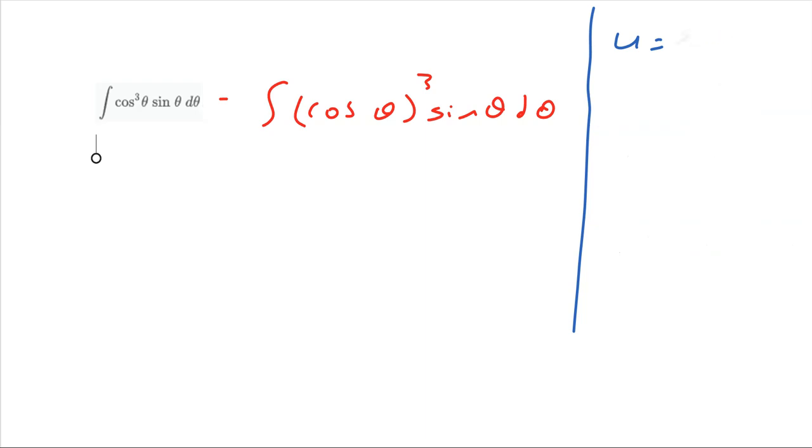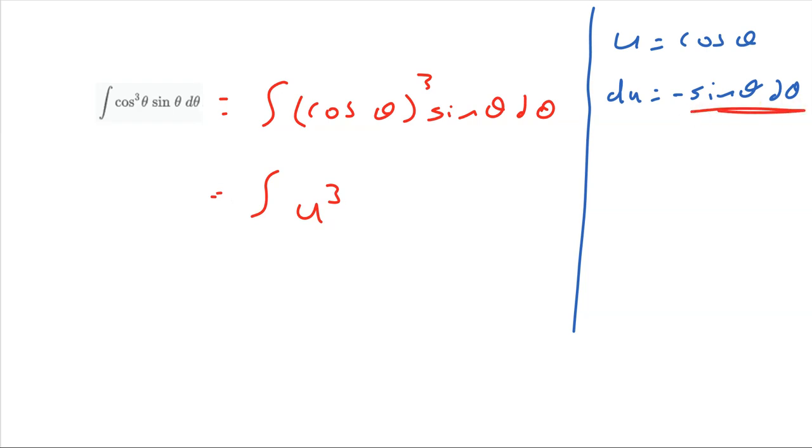My only other option is for u to be cosine of theta, then du would be negative sine of theta d theta. Now if I make the substitution, we get u to the 3rd, and the sine of theta d theta is equal to the negative du, so we'll do negative 1 times du.